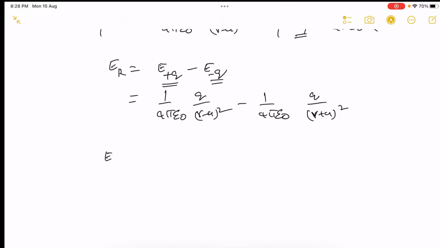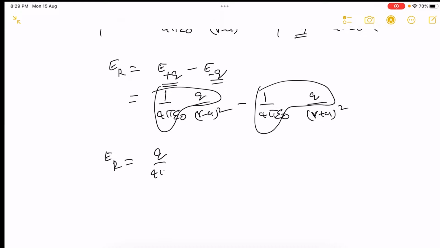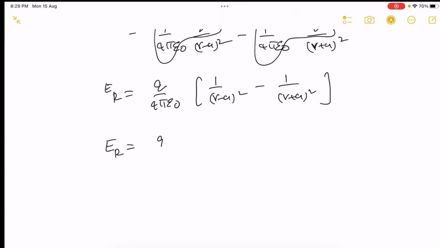Next, E resultant is equal to, look here, 1 by 4 pi epsilon naught, q is common on both sides. So we get q by 4 pi epsilon naught, 1 by r minus a whole square minus 1 by r plus a whole square.